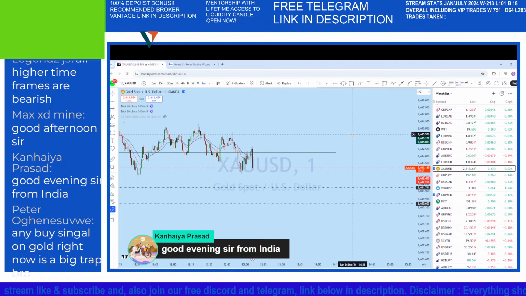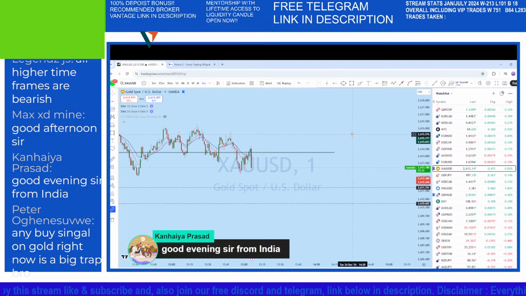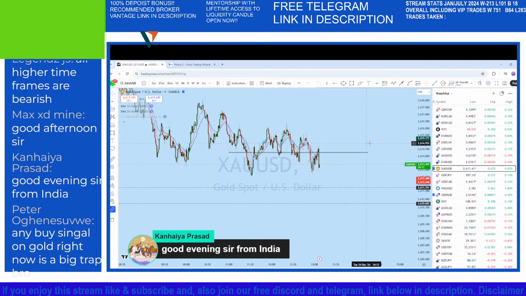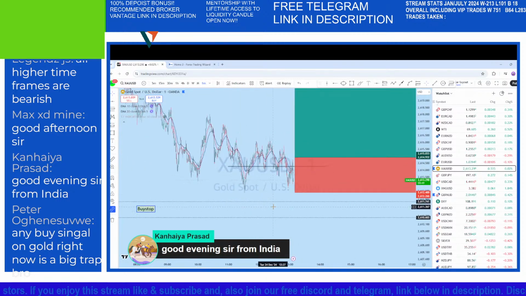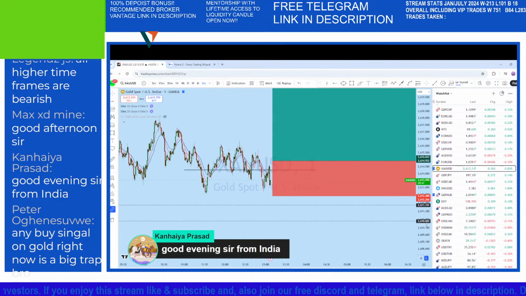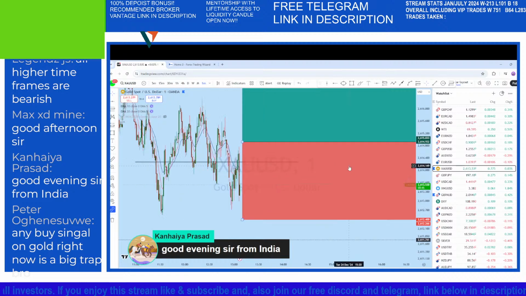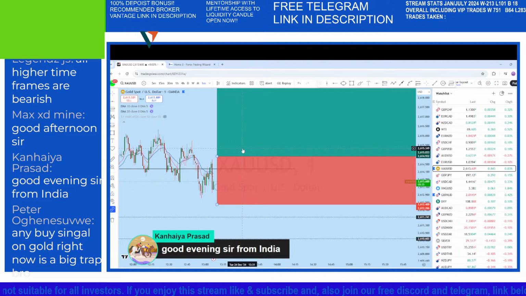Let's drop this 1 minute candle. That's a very big drop. So if this drop is a liquidity gap, we could see a straight return back up.